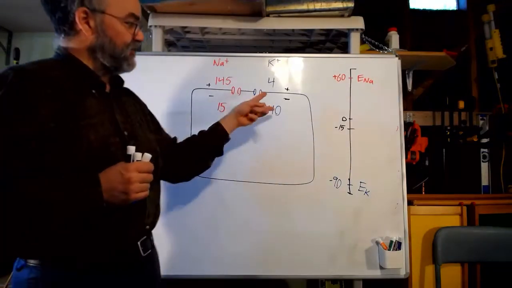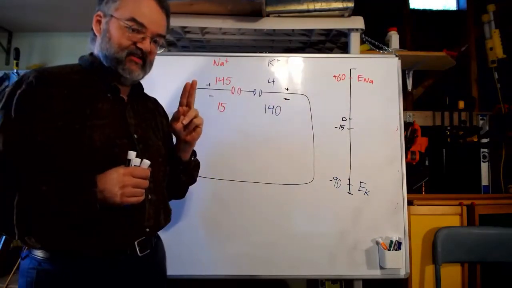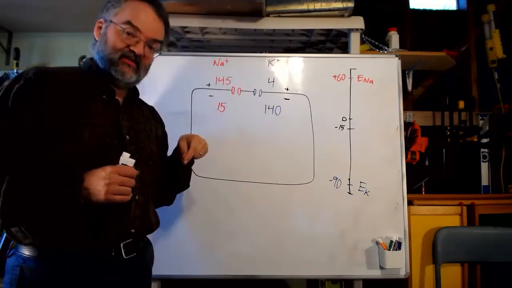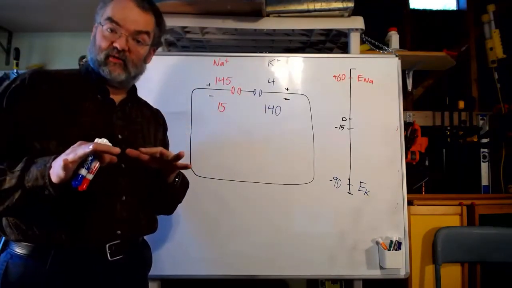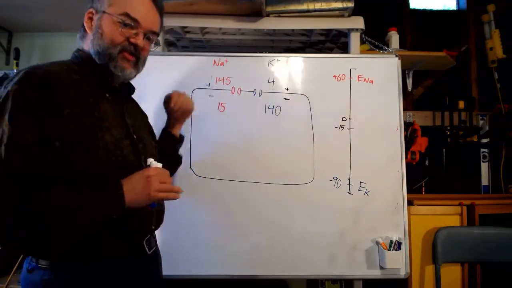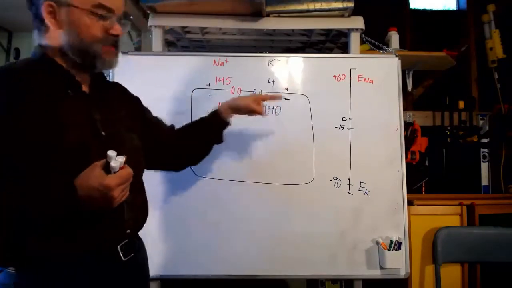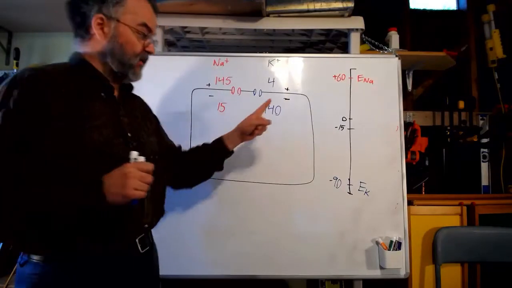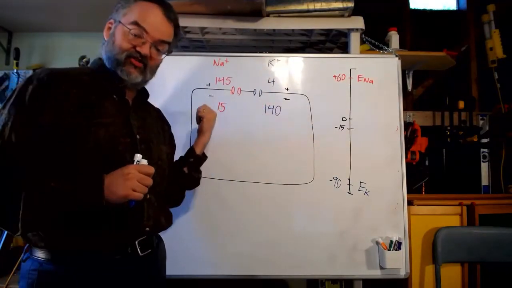Potassium has a stronger concentration gradient, but that's slowing it down a bit. Sodium has a weaker concentration gradient, but that's speeding it up a bit. Negative 15 millivolts is the place at which those balance out. In other words, I've slowed potassium down a little and sped sodium up a little, so now they're crossing equally and opposite. Which means once I hit negative 15, the membrane potential doesn't change anymore, because now I have equal amounts of positive charge leaving and positive charge entering.